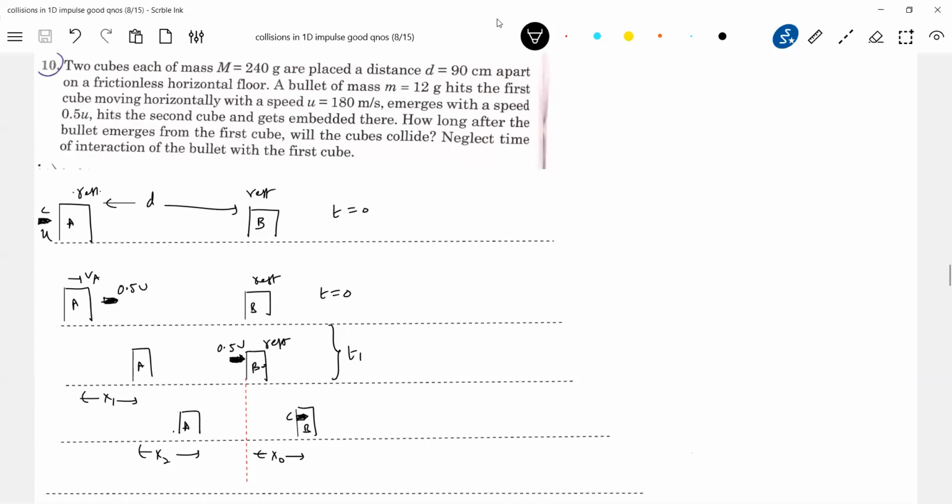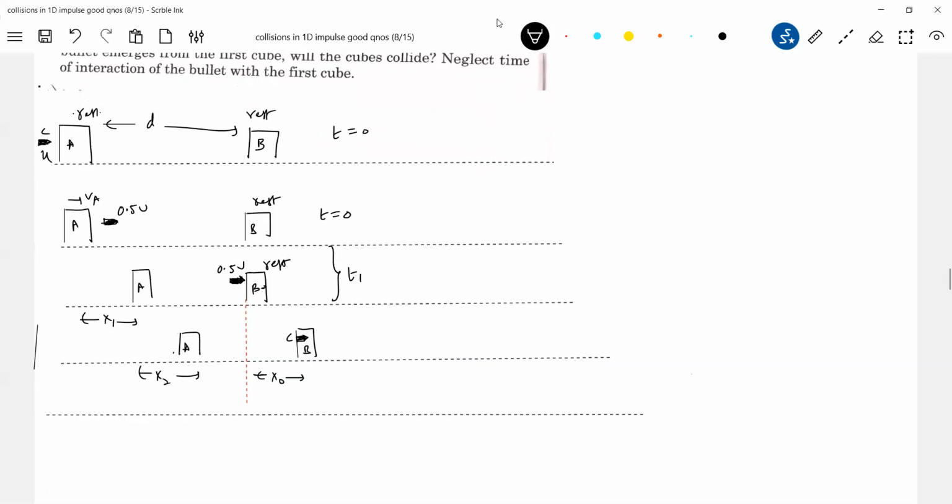Now what will happen after this? Block A is having a velocity, VA. The resultant of the bullet and block B will have velocity, say VB.